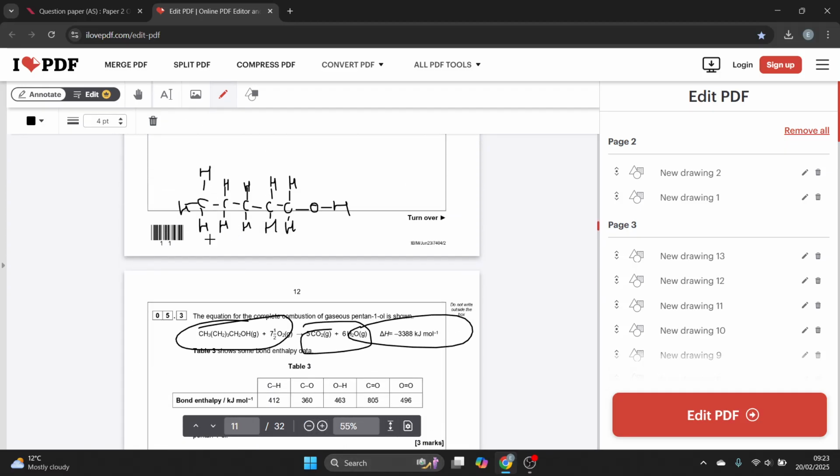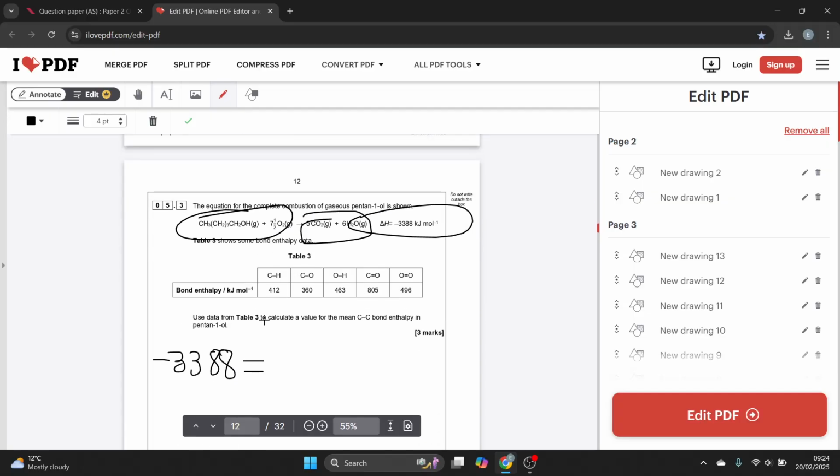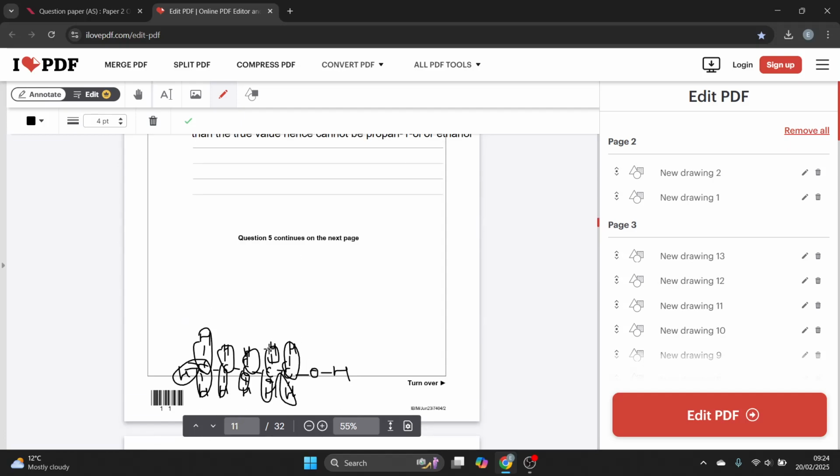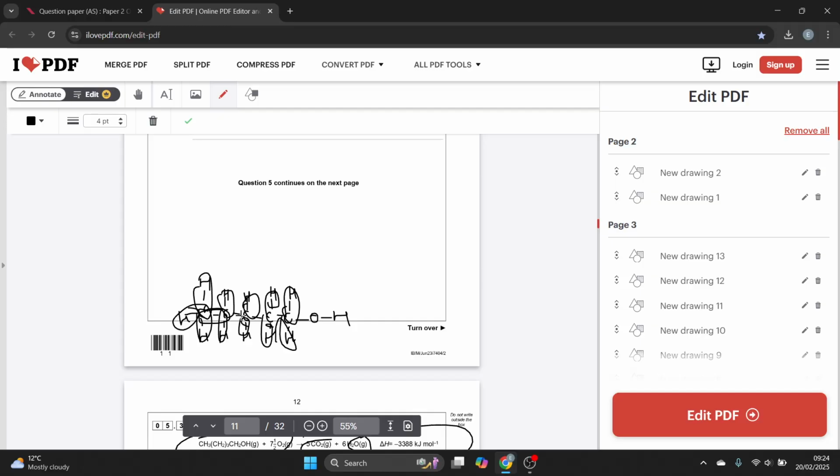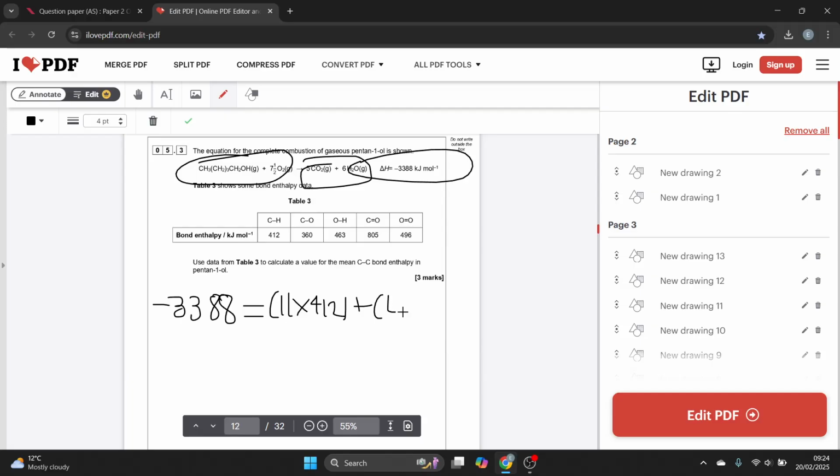So I've got CH bonds. How many of them have I got? 1, 2, 3, 4, 5, 6, 7, 8, 9, 10, 11. So it's going to be 11 times by 412, plus carbon-carbon bonds: 1, 2, 3, so 3 times by, well, that's what I'm trying to find, sorry.